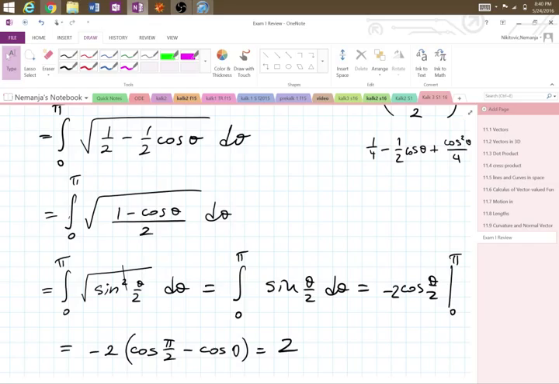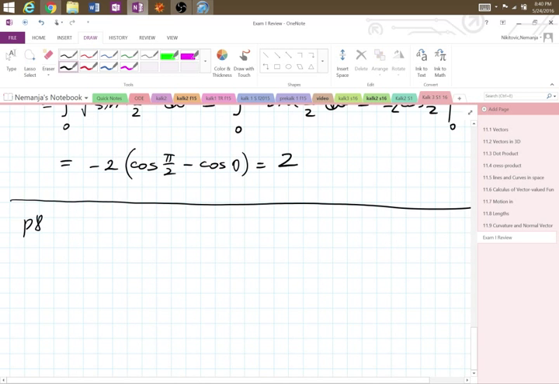Page 806. All right, guys, we have another problem. This one is going to be the equation of the line. Page 806, problem number 10. It says find the equation of the line through the point -3, 2, -1.